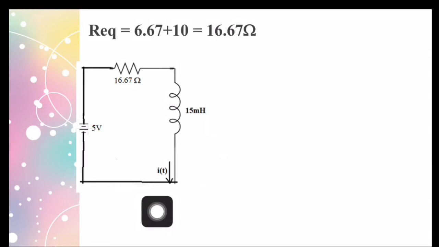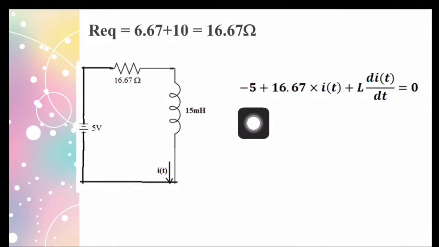So we are going to start the analysis by writing KVL in clockwise direction. Starting at this point, first we observe this 5 volt voltage source with the polarity mark in the order minus plus. Correspondingly, we add a term minus 5 to KVL equation. Then the voltage drop across this 16.67 ohm resistor, which is nothing but 16.67 into i of t.